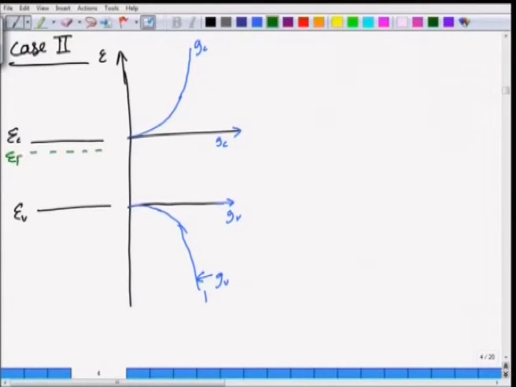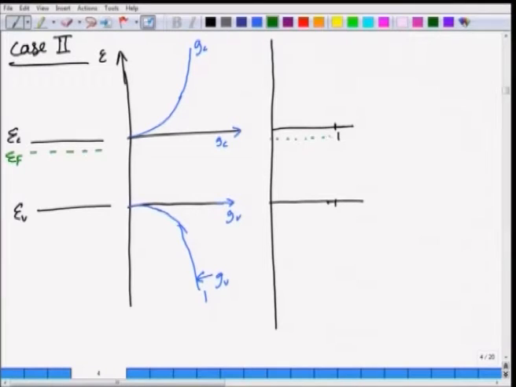Right here is the Fermi energy. In that case, if I plot again, here is the energy scale, and I plot f of E, and here is 1 and somewhere in the half. Now remember, Fermi energy is somewhere here, so the value of f of E will be half right here. So, this f of E curve is going to shift a little bit towards the conduction band, so it will become something like this.